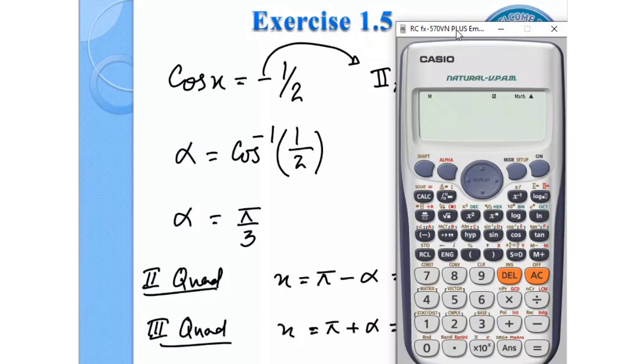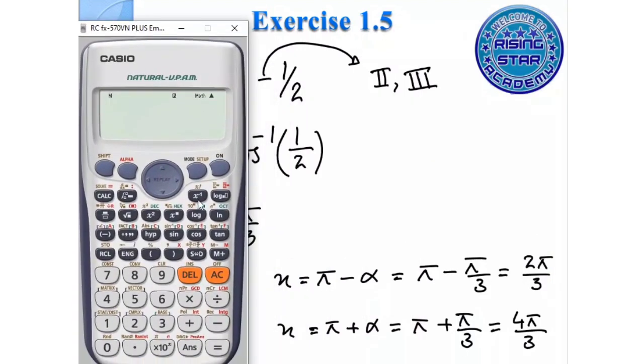So here we will verify our answer. Cos of 2 pi by 3 is negative half, it's correct. And the next is again cos of 4 pi divided by 3, again negative half. So it means our answers are correct.